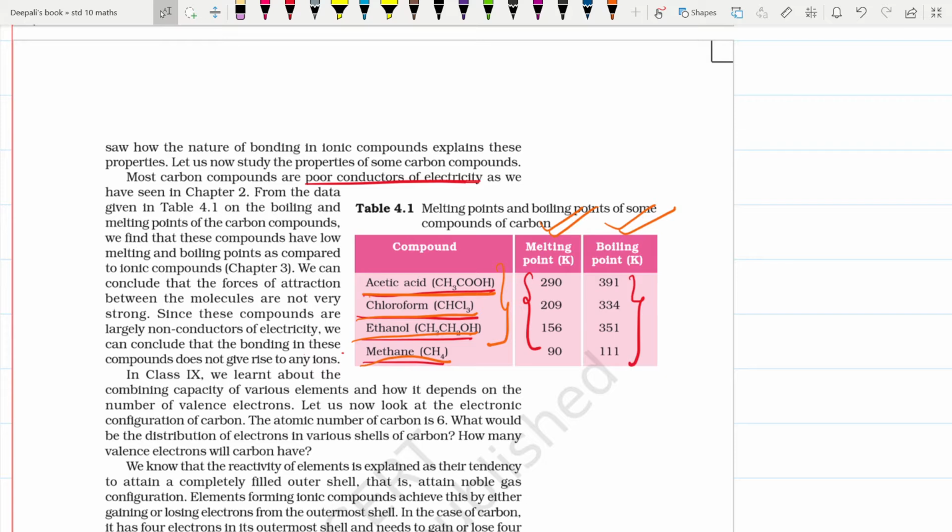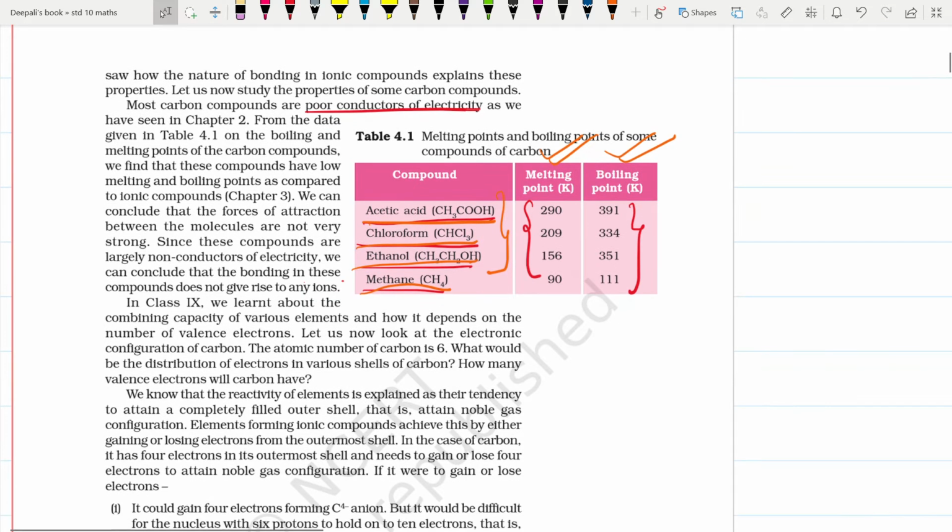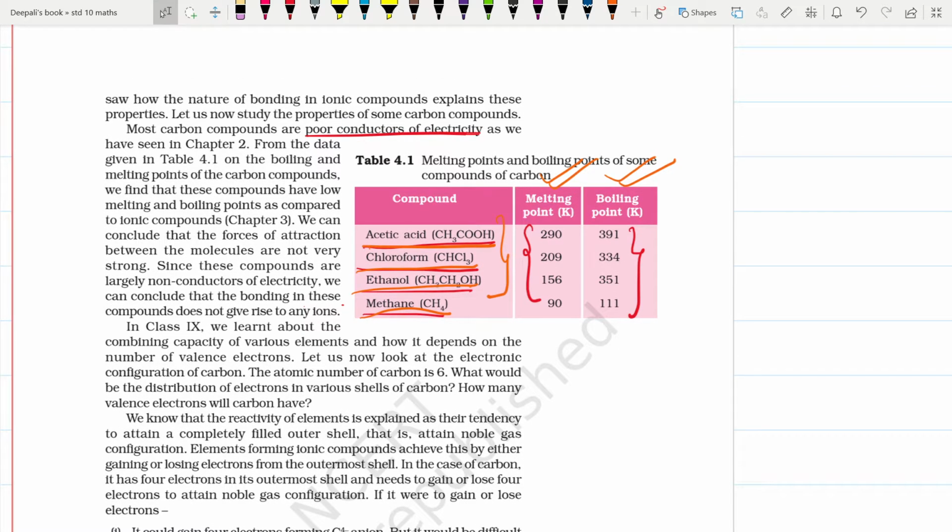But let us find out the reason why this happens. Most carbon compounds are poor conductors of electricity, as we have seen in chapter 2. From the data given in table 4.1 on the boiling and melting points of carbon compounds, we find that these compounds have low melting and boiling points as compared to ionic compounds.